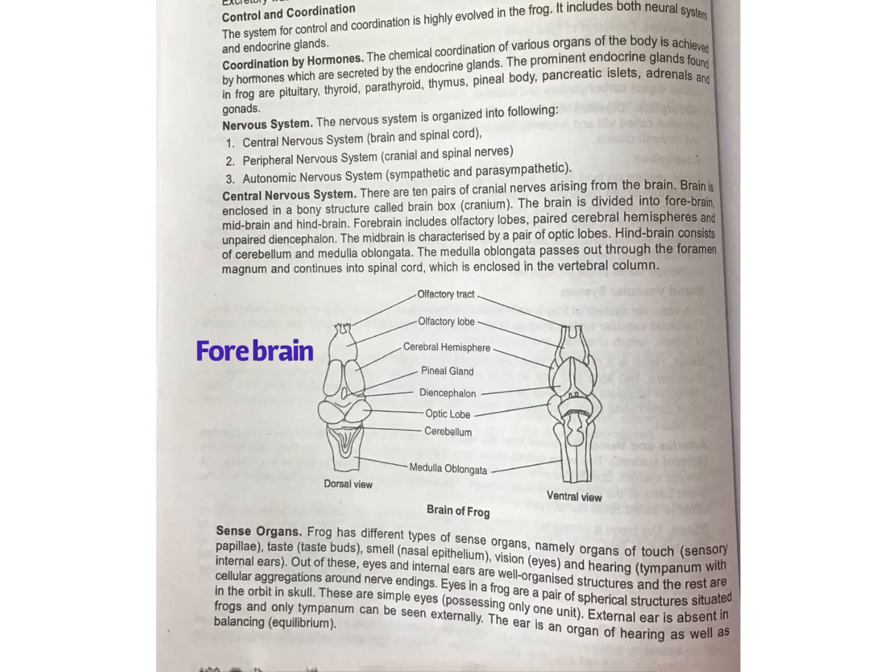Then the optic lobes are part of the midbrain, and lastly the cerebellum and the medulla oblongata. These two structures are included in the hindbrain. In this way, this is the dorsal view and ventral view of the frog brain.